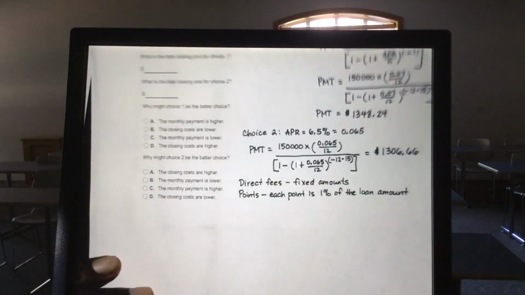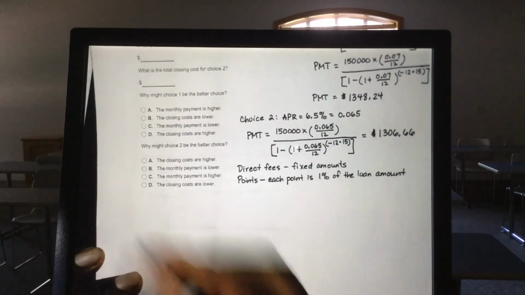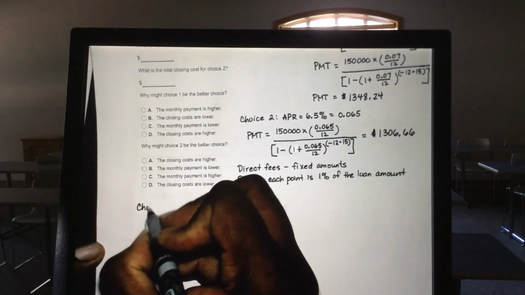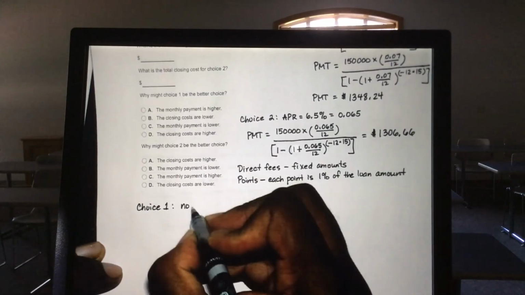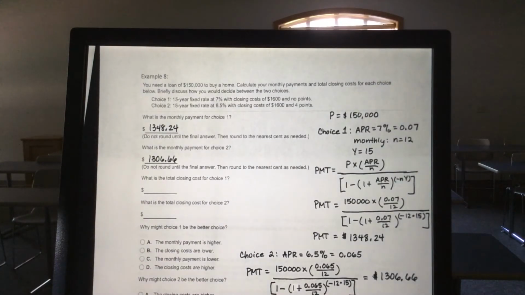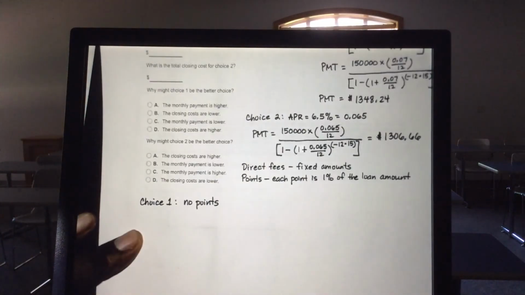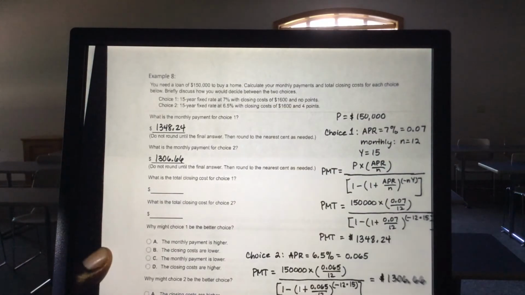So if we look at choice number 1, there are no points. Okay? That's given to you, no problem here. That told you there are no points here. If there are no points, you also have a closing cost of $1,600.